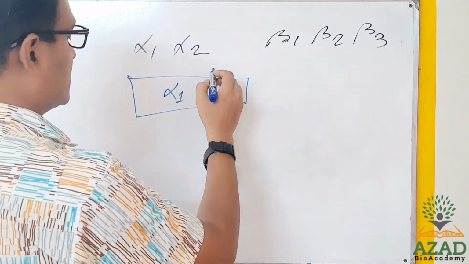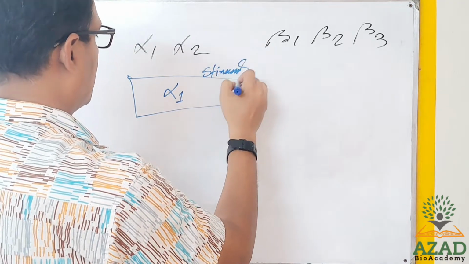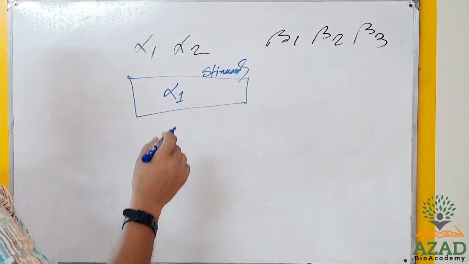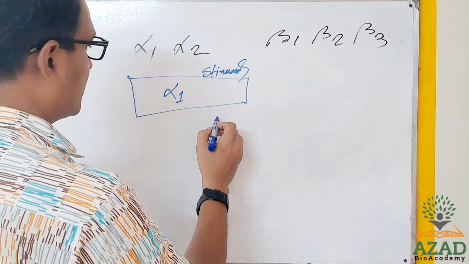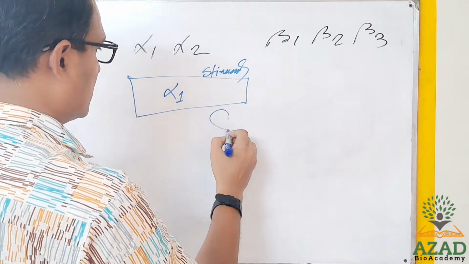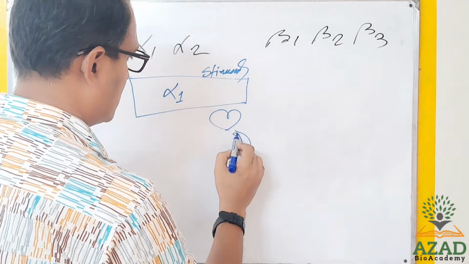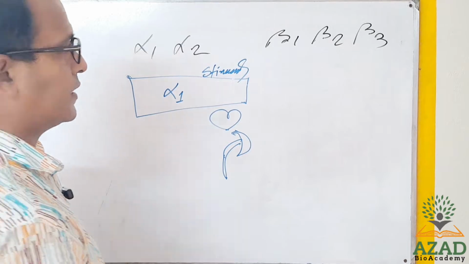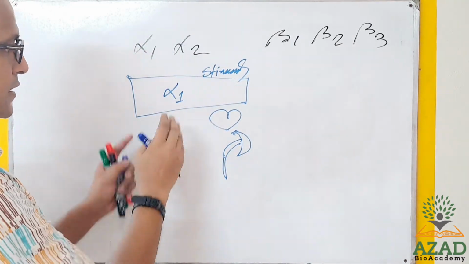So this is the prime stimulatory receptor, with some exceptions, like here, this is your heart, this is your kidneys. Over there, the stimulatory receptor is an exception.